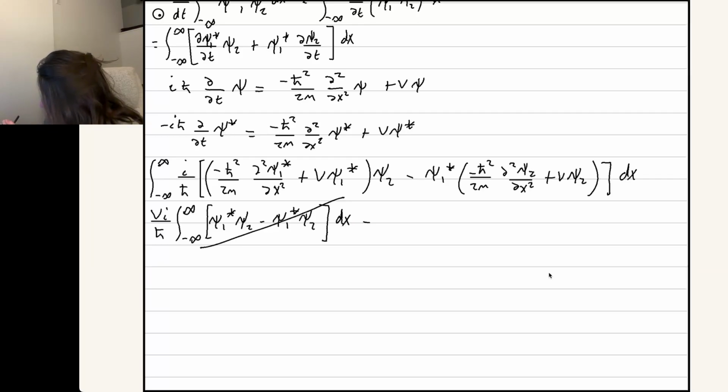Then collecting terms that depend on i h bar over 2m, we'll make it positive.